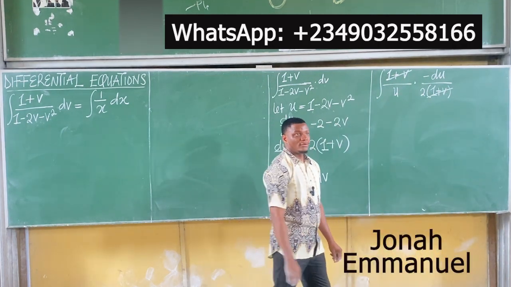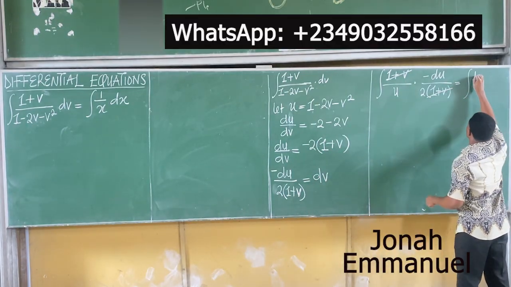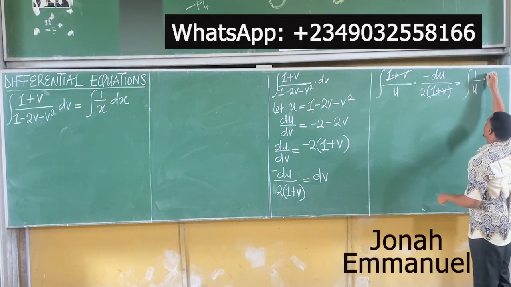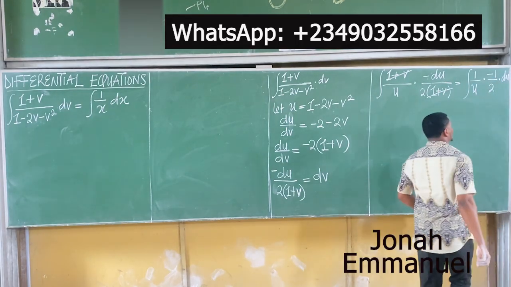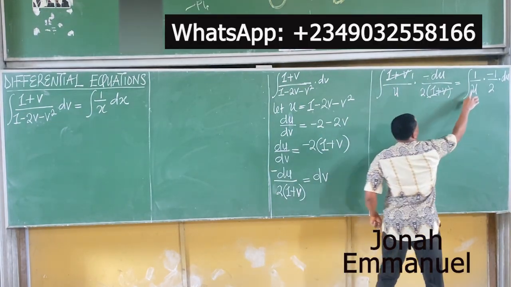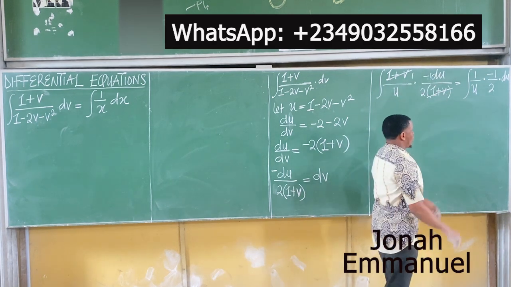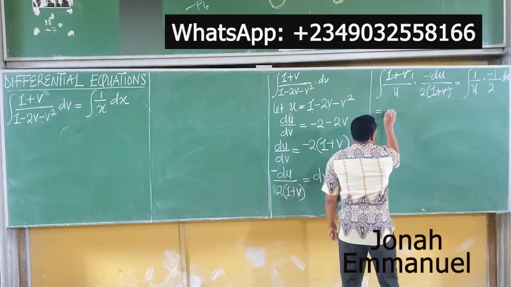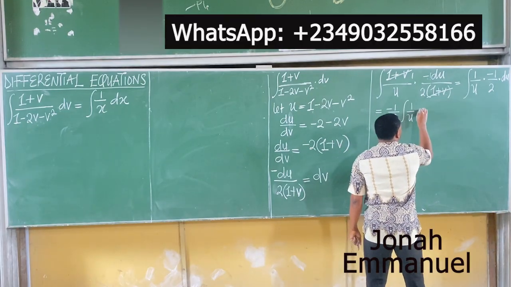This is equal to the integral of 1 all over u dot minus 1 over 2 du. When integrating, the constant term comes outside the integral sign, and that's equal to minus 1 over 2 integral of 1 over u du.